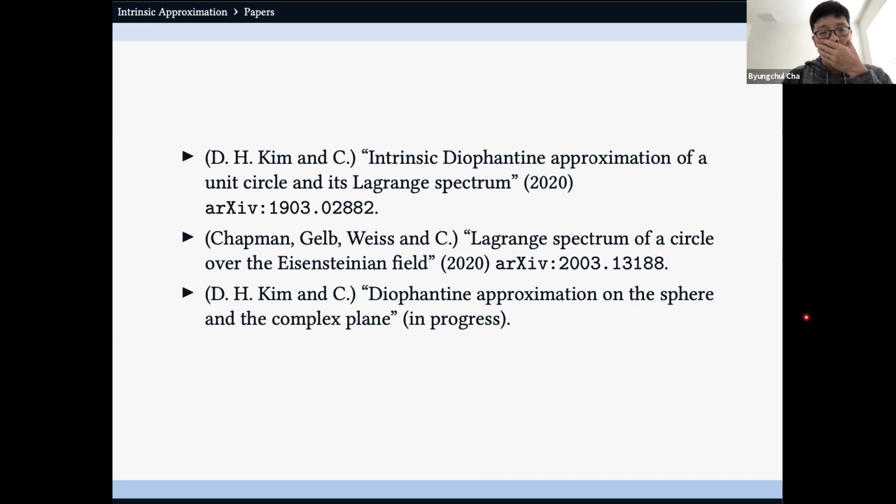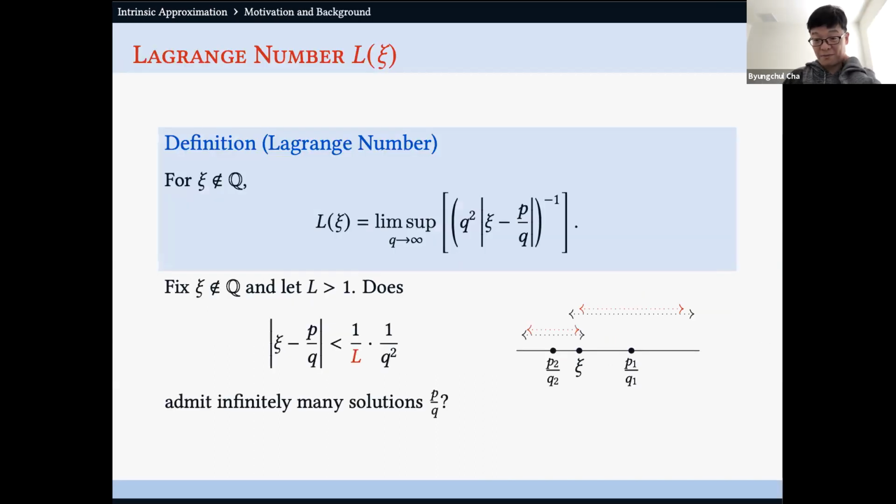Right. So I'm going to start with a very elementary overview of some definitions. I'll start with the definition of the Lagrange number, which I gave over here. In literature there is a definition of this type, or in other literature you can define it as its reciprocal.